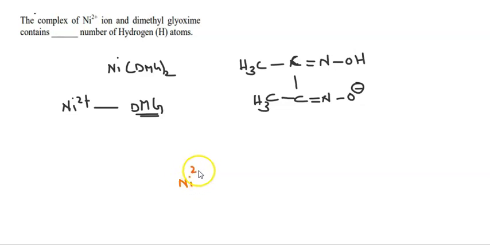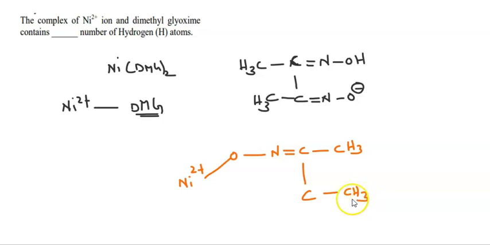If you see the nickel 2 plus, oxygen is connected to N, which is connected through a double bond to C, which is connected to CH3. And this particular C is connected to another C, connected to CH3, connected to N, which is connected to O, and O acts as a donor atom. And here it is oxygen connected to hydrogen, which is connected to the nitrogen.